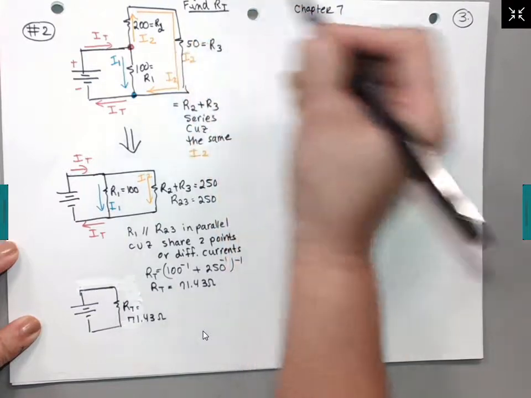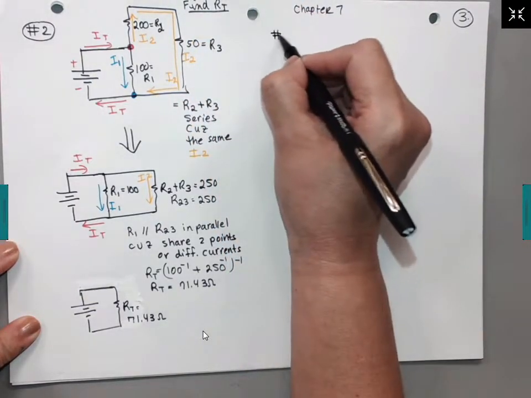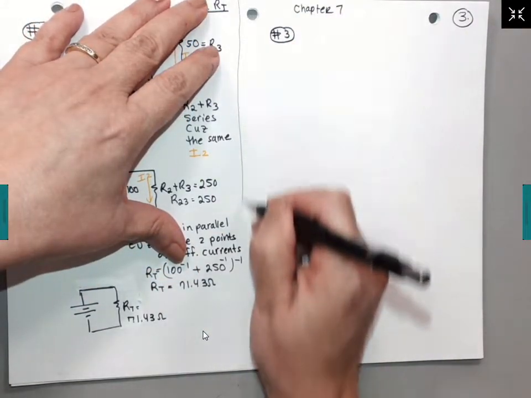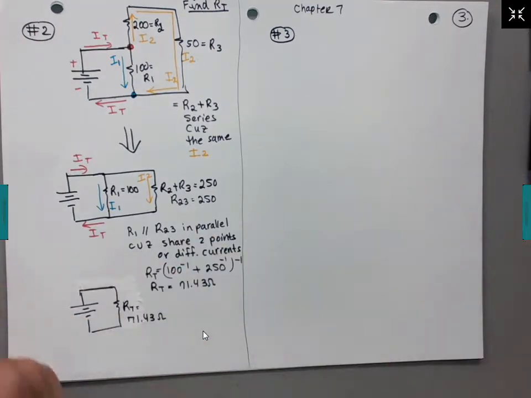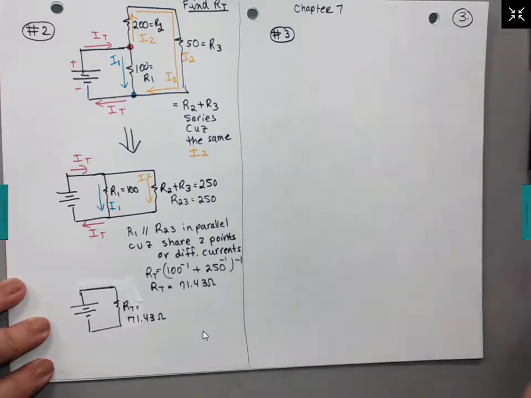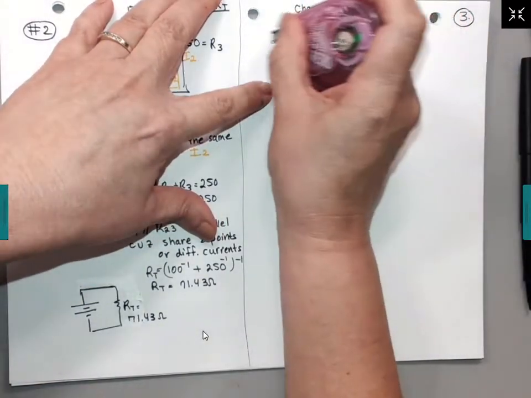So what I would recommend is make sure that you know how to find RT. It is very important, even though the quiz tomorrow is going to find everything. So number 3, we're going to do another problem. This is going to be a big problem too. We're only finding RT.